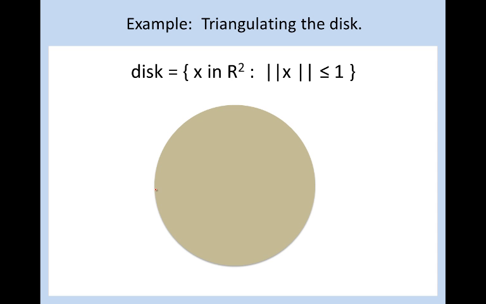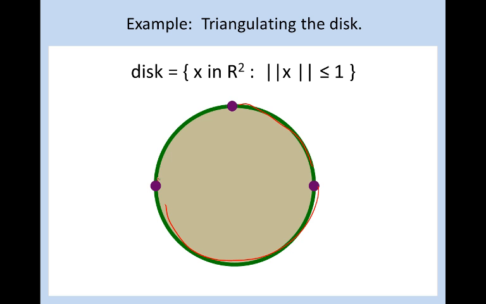Let's now triangulate the disk. In step 0, I again add 0-dimensional vertices, so 0 simplices, these 3 0 simplices. Step 1, add my 1 simplices. And then in step 2, I add a 2-simplex. Note that this 2-dimensional face is really a topological triangle. Its boundary consists of 3 edges.